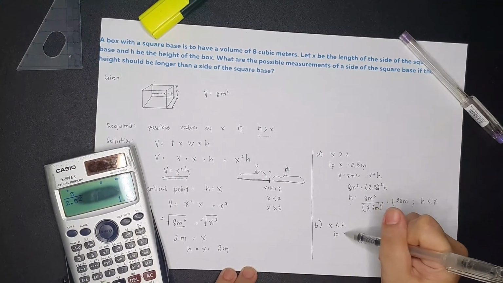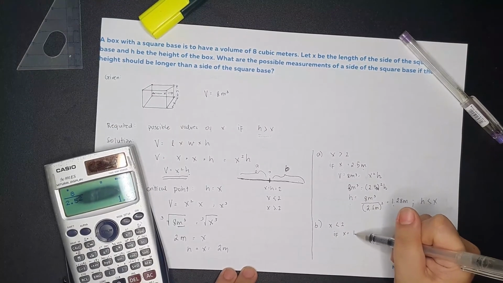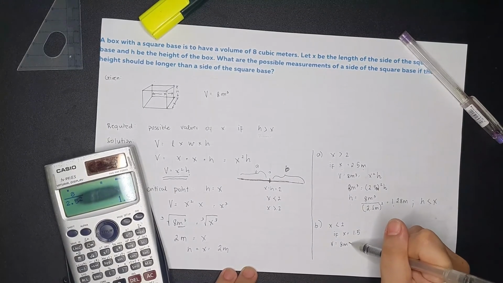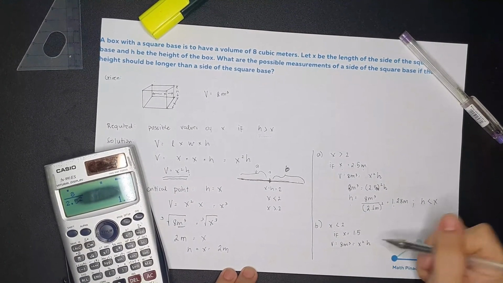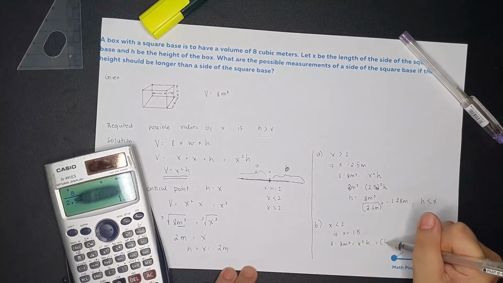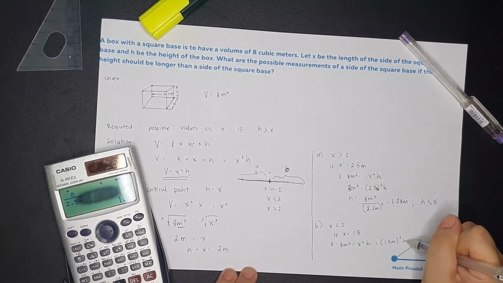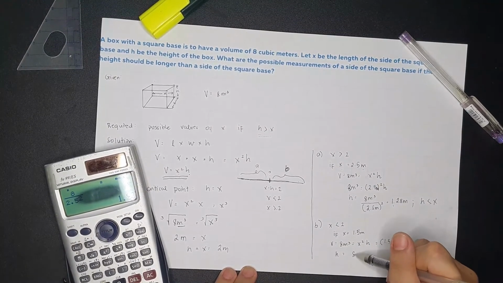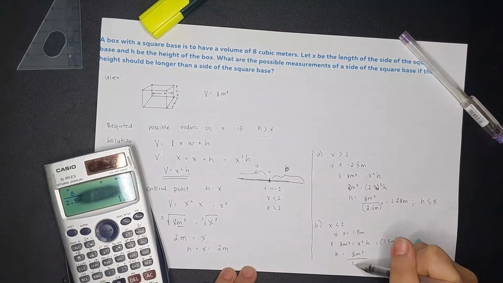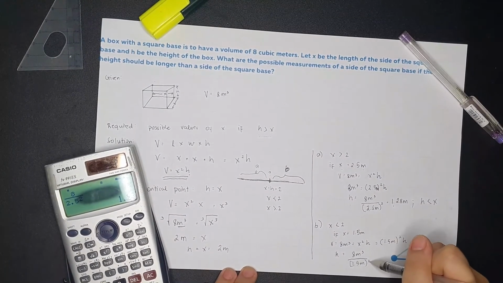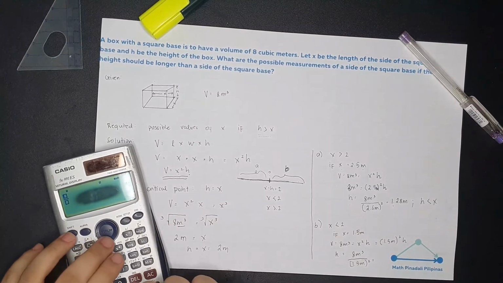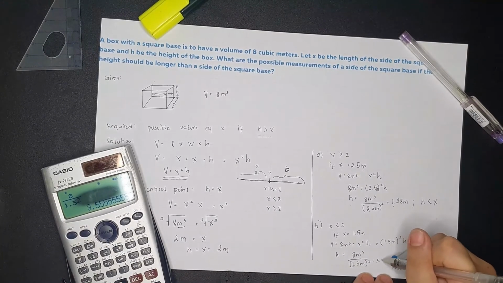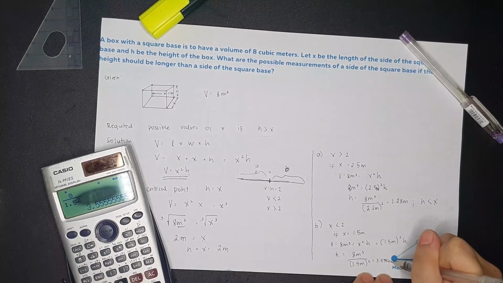So let's take for example, x equal to 1.5. The volume of the box is equal to 8 cubic meters, x squared h, or 1.5 meters squared times h meters. So the value of h here is equal to 8 cubic meters divided by 1.5 meters squared. 8 divided by 1.5 squared is going to be 3.5556 meters.